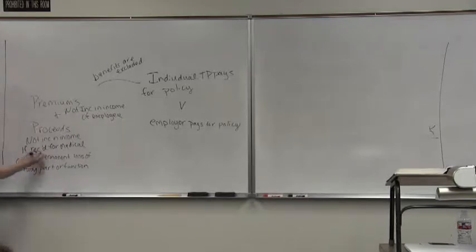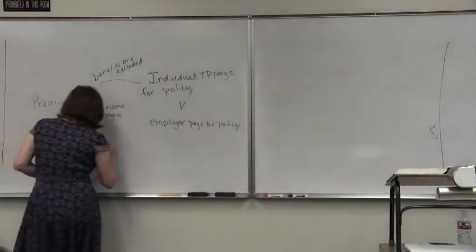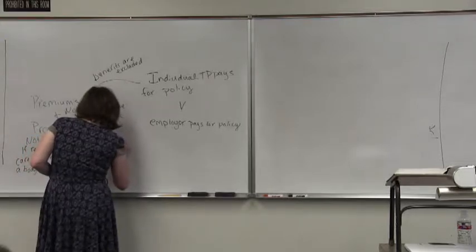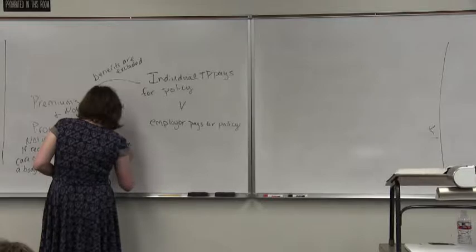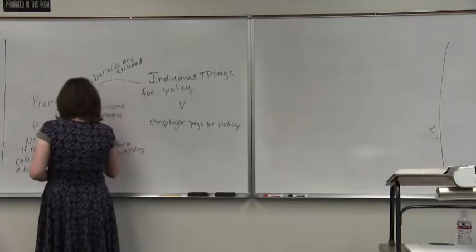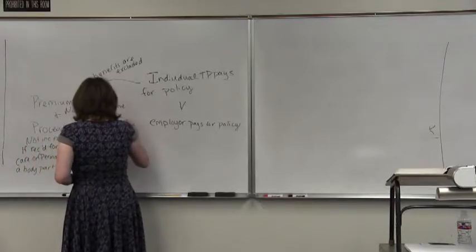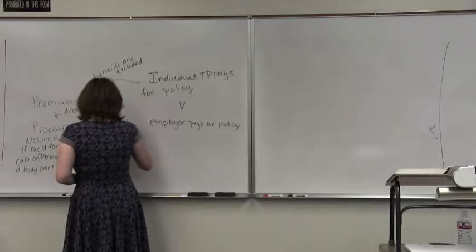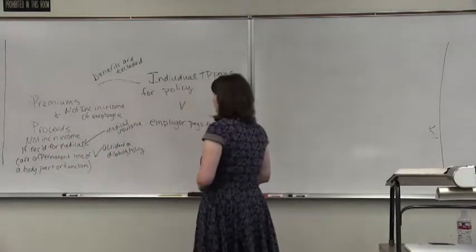So this permanent loss of a body part or function is really related to some type of accident or disability policy. And the medical care is really for medical insurance. They don't say that in the book. That's what makes sense to me.